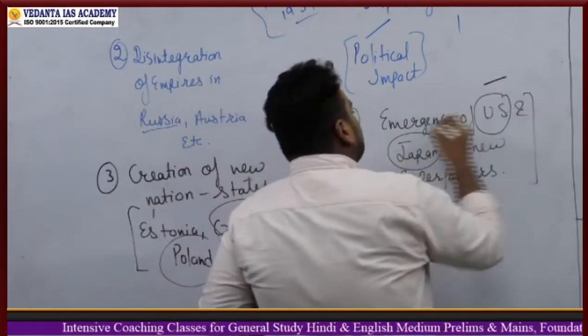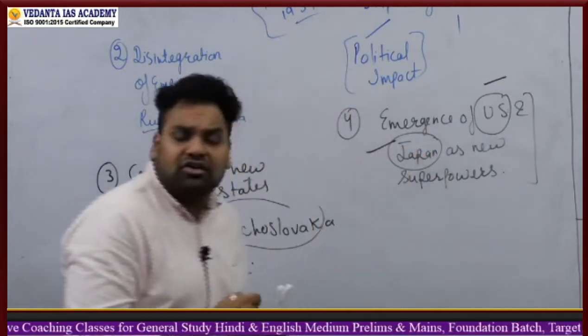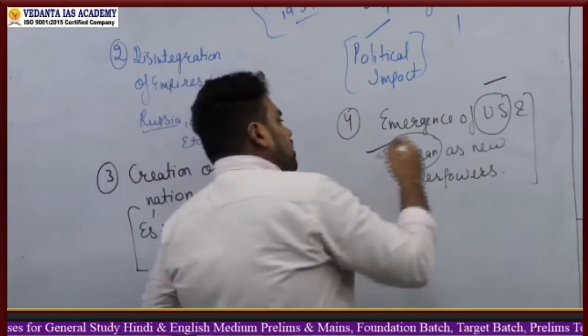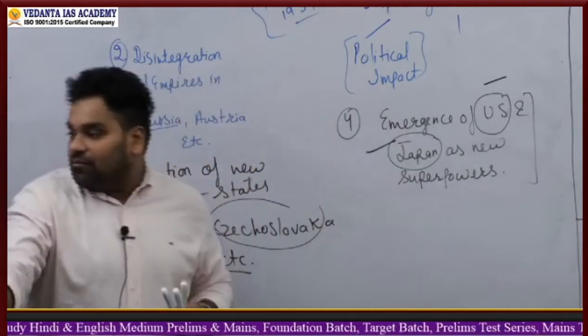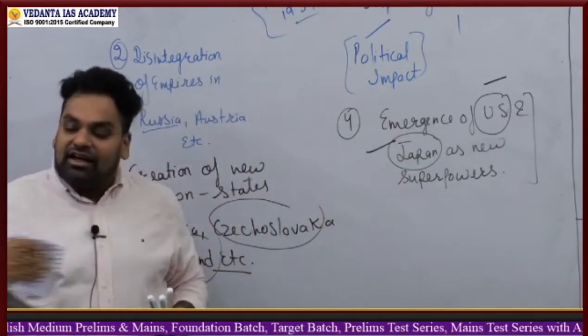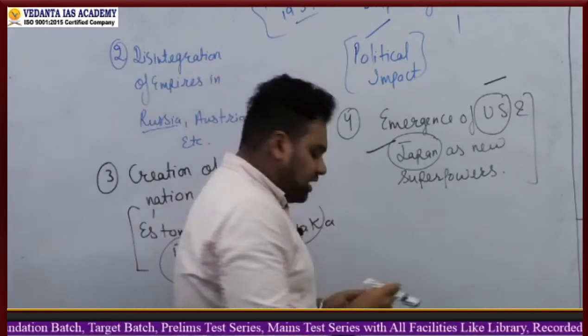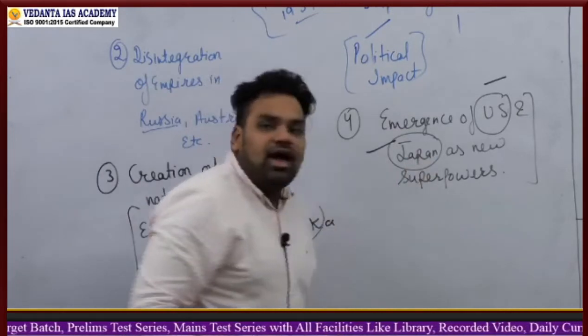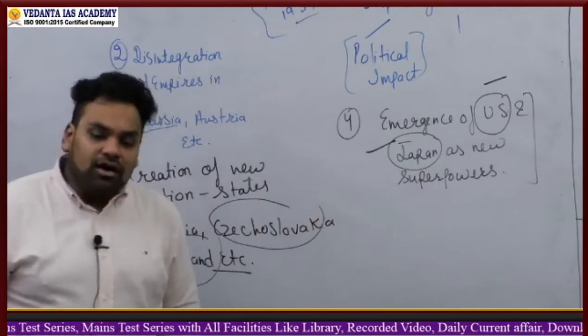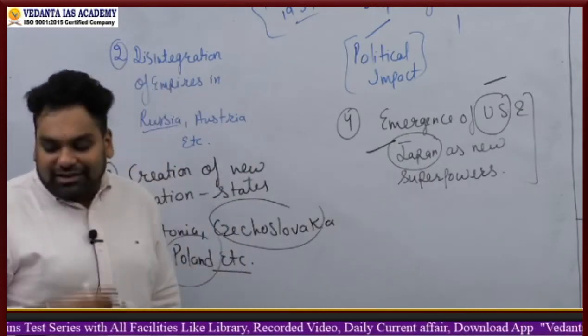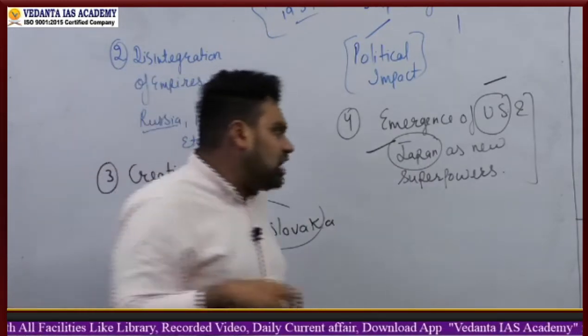They are going to prove very, very important, critical for the affairs of the world. That is something which we need to understand when we are talking about this particular idea, that is the emergence of US and Japan as new superpowers, right? So that is what we need to understand.